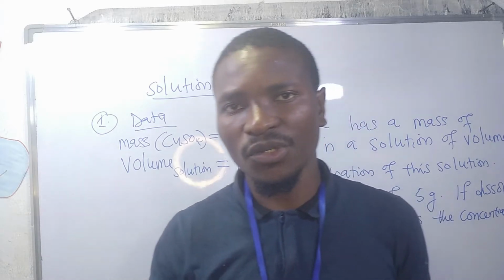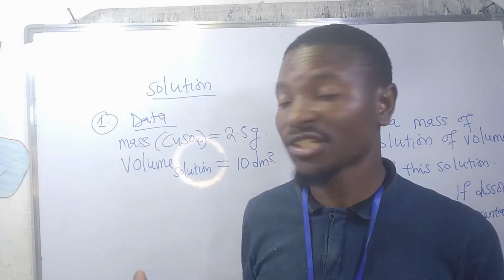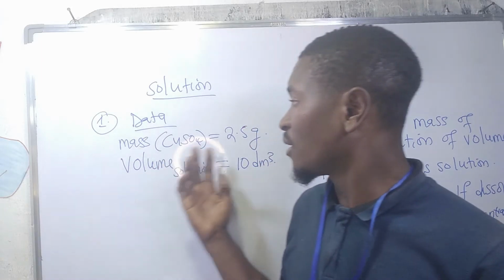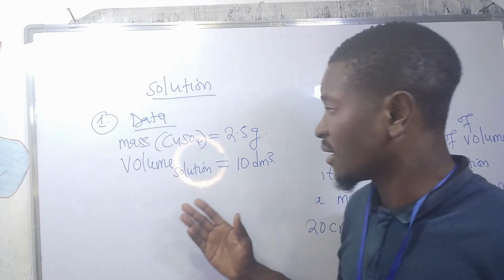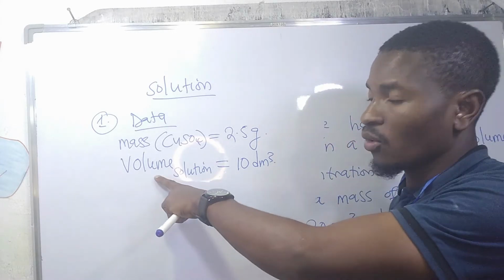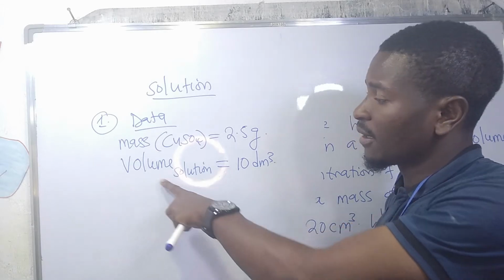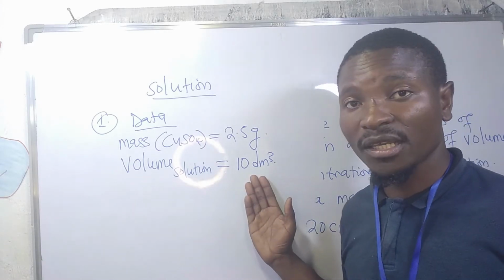Make sure that you collect the information. Here I'm collecting the information, which is the mass of copper 2 sulfate, 2.5 grams, and then also the volume of the solution, which is 10 cubic decimeters.